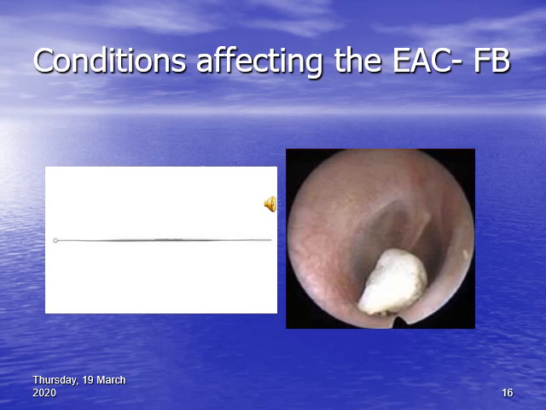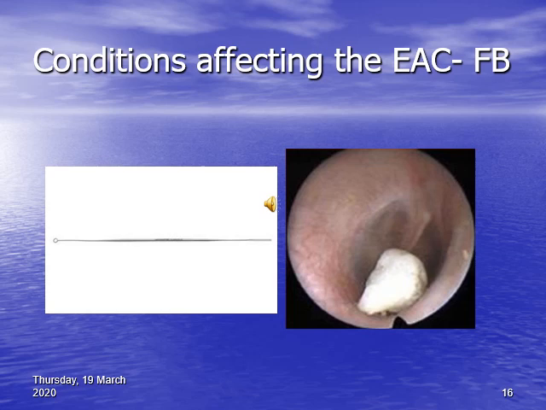We can postpone the removal to the day after, or 2 days after, because this foreign body is not a danger and doesn't exert local inflammatory action. Of course we also use the forceps, the hooks, the syringing, and we can choose local anesthesia or general anesthesia according to the patient status.